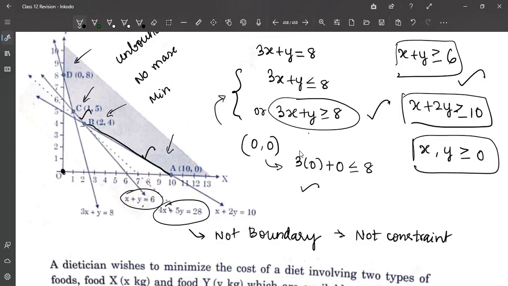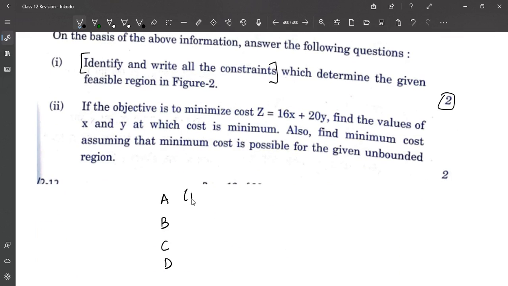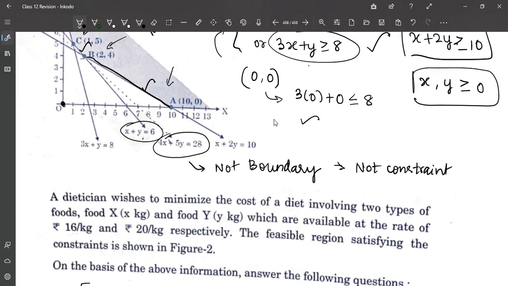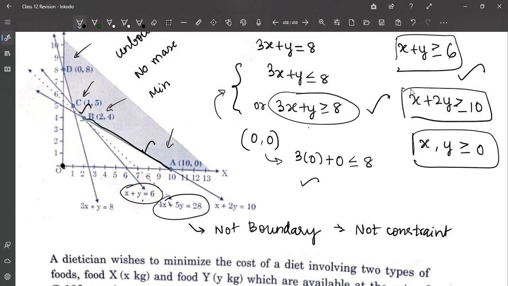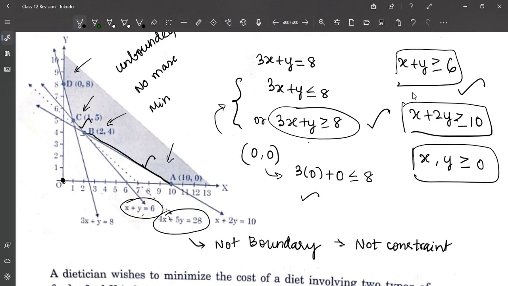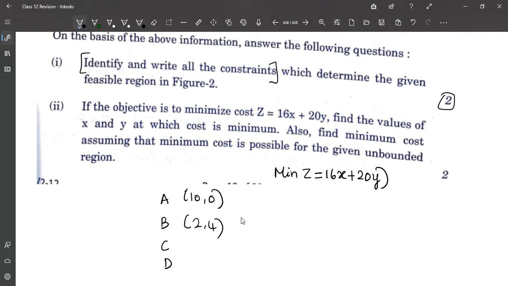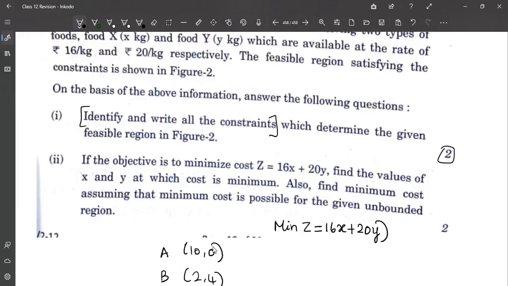Point A is 10 comma 0, and we are supposed to minimize Z equal to 16x plus 20y. Point B is 2 comma 4. Point C is 1 comma 5. Is it 1 comma 5? Yes, 1 comma 5. And point D is 0 comma 8.